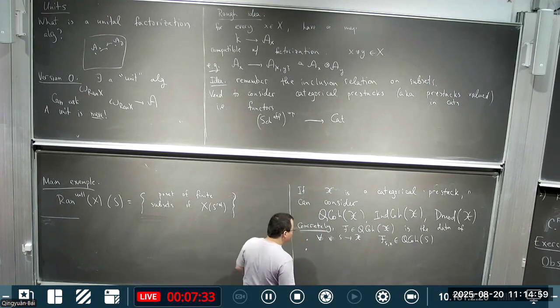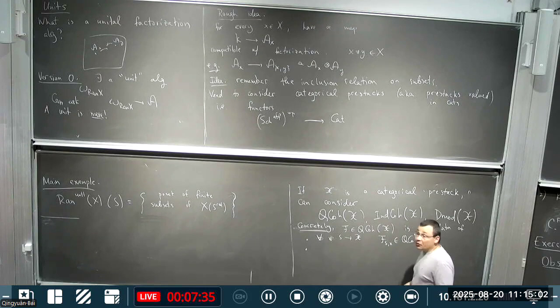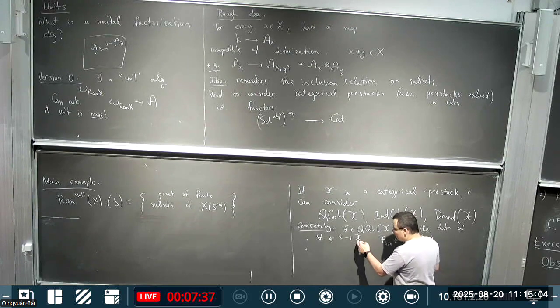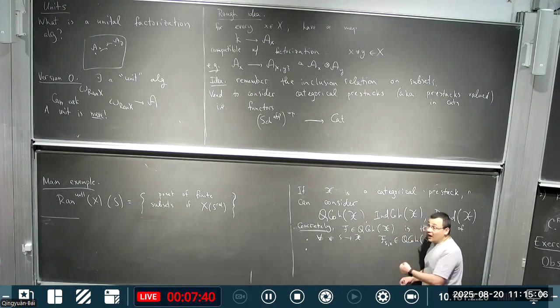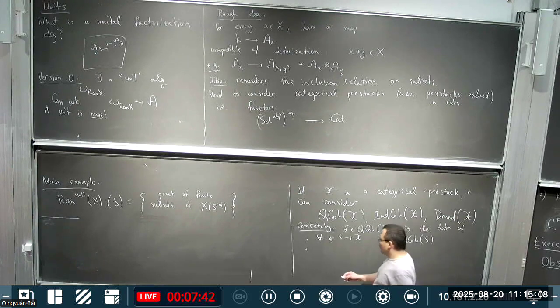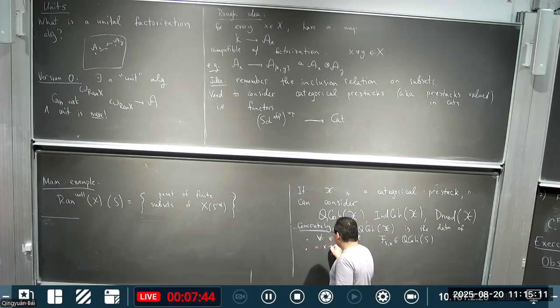And now the new thing is that there could be maps between S points. So the S points now form a category rather than a groupoid. So I can have an alpha from X to X prime.